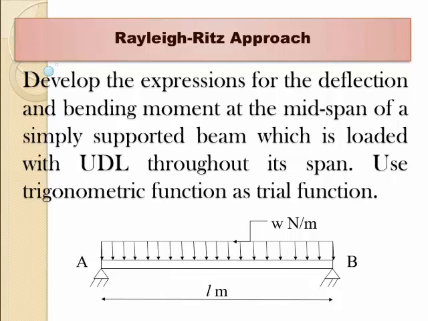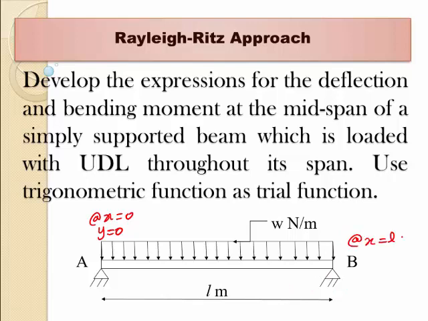A simply supported beam of length L meter is considered, which is constrained at both of its ends. So the vertical deflection is arrested at both of its ends. That can be taken as the essential boundary conditions, that is at x is equal to 0, y is equal to 0, and at the end point, at x is equal to L, also a constraint is provided.